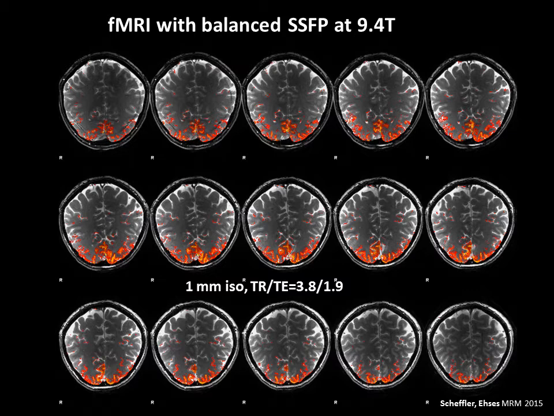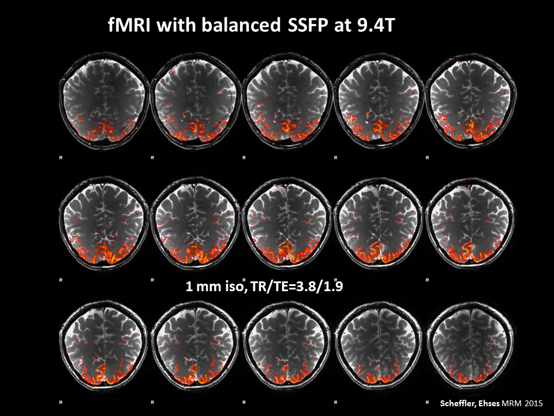This is a relatively small region that we cover here, about, I think, 16 slices. In this region we were able to have banding free images using the conventional shim up to second order.